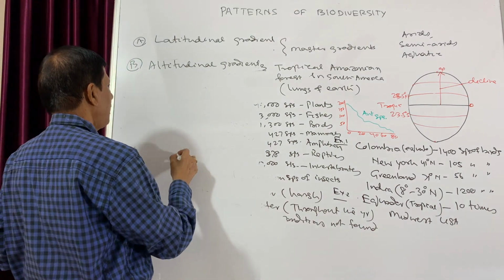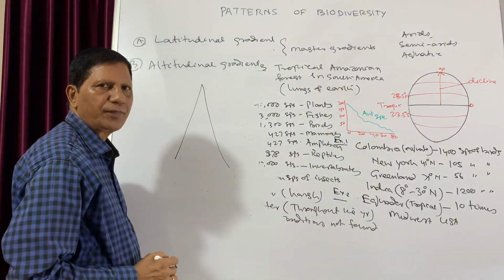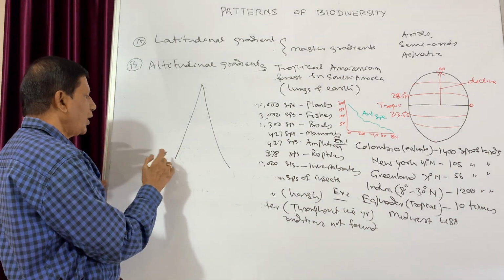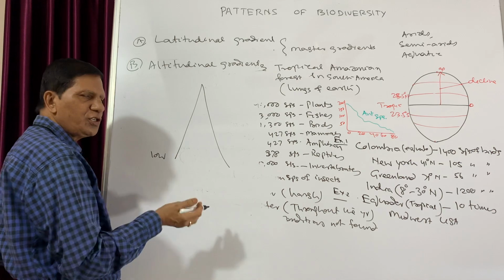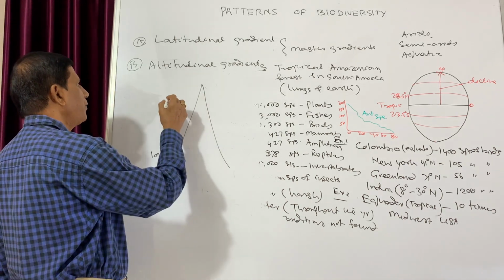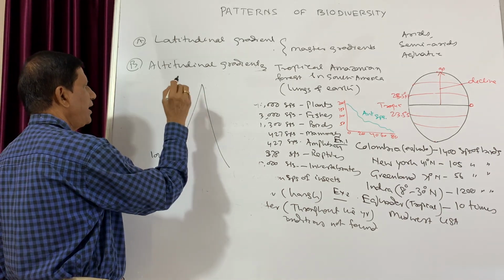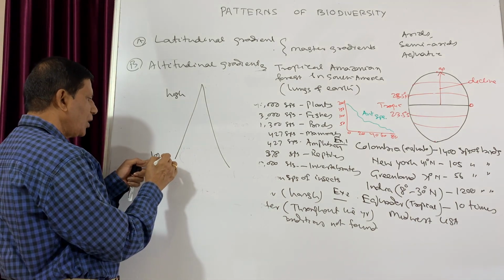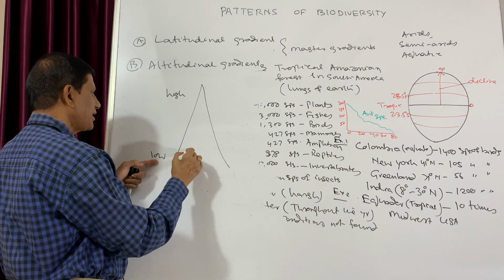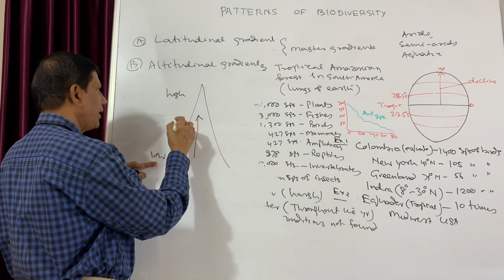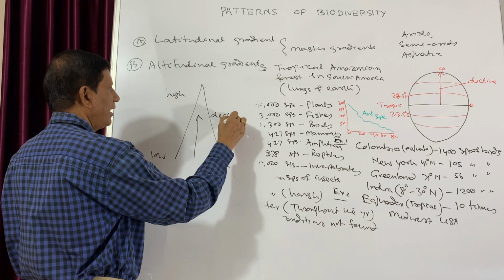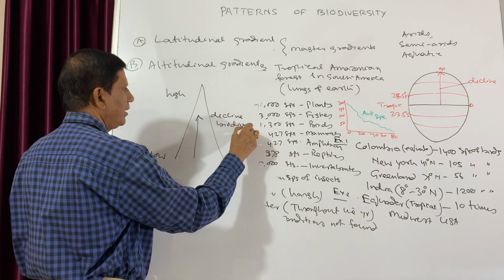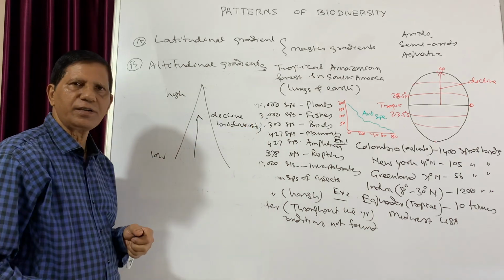Suppose this is a mountain. At the base of this mountain, the altitude is very low from the sea level, but if you go up, the altitude is very high. And as we move from low altitude towards high altitude, there will be a decline in biodiversity.